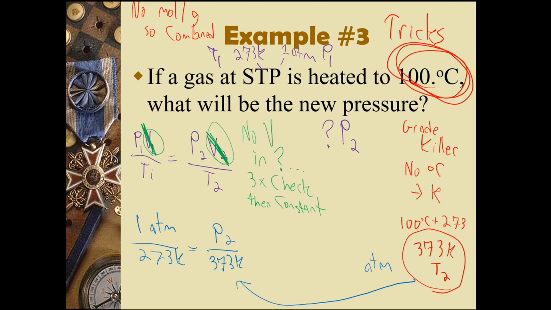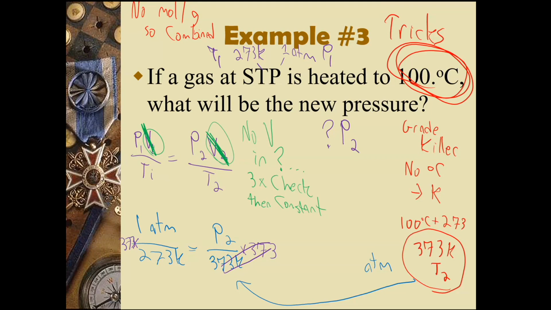All we have to do then is multiply both sides by 373. Times 373 will cancel this out, but we have to times by 373 on that side as well.